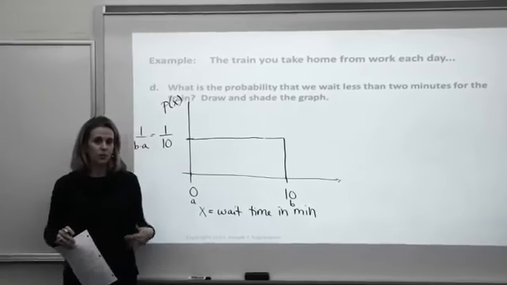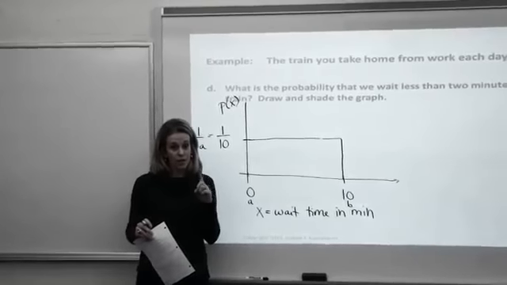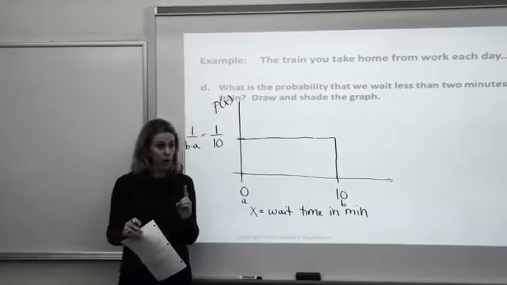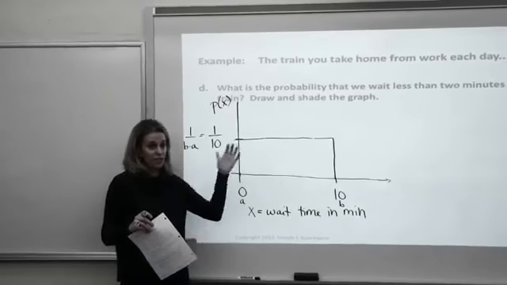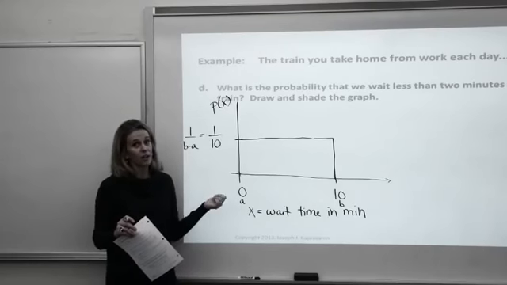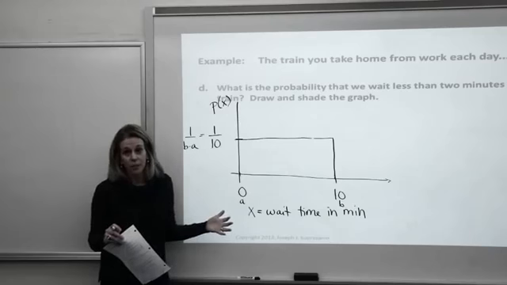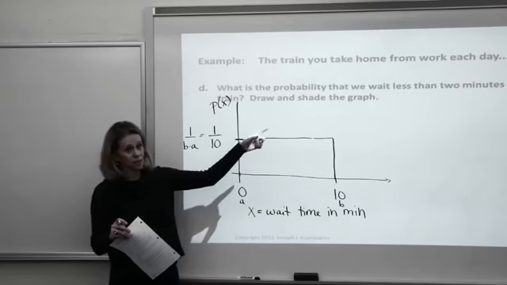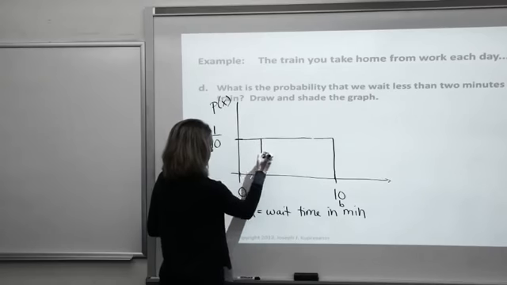When we had the number of students being absent, if it was like less than 2 students are absent, that would mean 1 or 0 are absent because that was a discrete variable. Less than 2 in this case, this is something that's continuous. You can wait less than 2 minutes for the train. Doesn't mean that you wait 0 or 1 minute. You might wait 1.5 minutes. And you're waiting less than 2 minutes. So we'll draw in where 2 minutes is here.